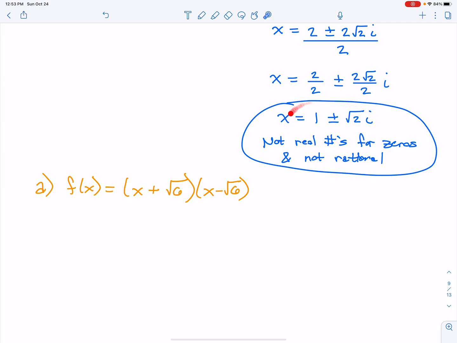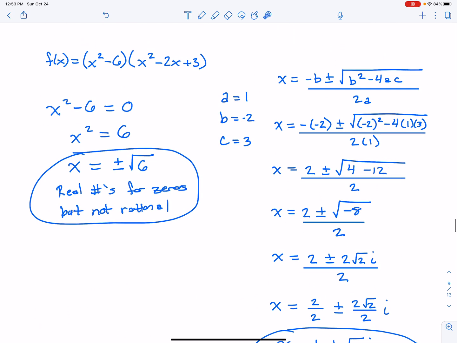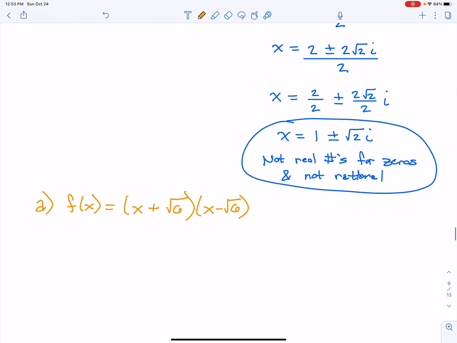These two zeros are not real numbers, so we're not going to write them as linear factors. We're going to leave them as the quadratic that we got those zeros from. So we're just going to leave that quadratic x squared minus 2x plus 3. So that gives us our polynomial as a product of factors that are irreducible over the rationals.